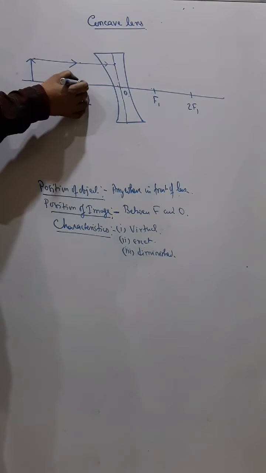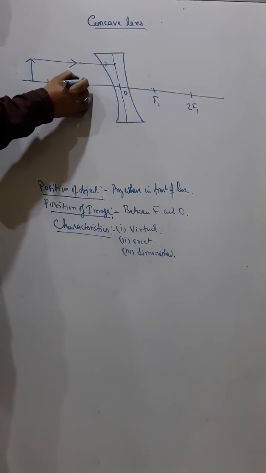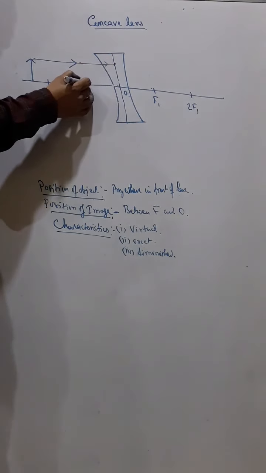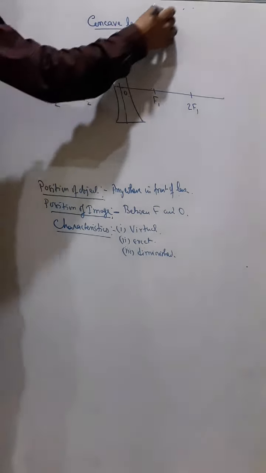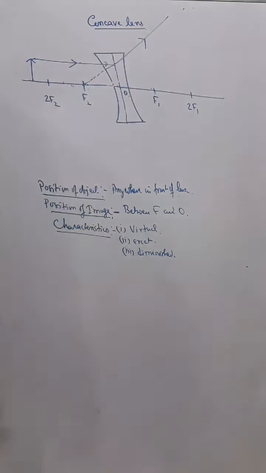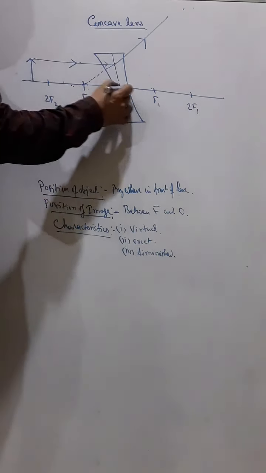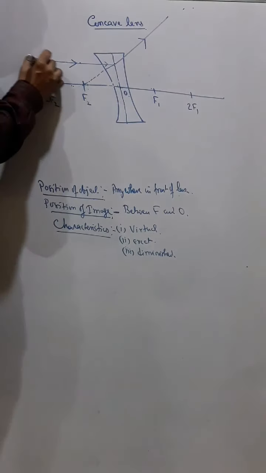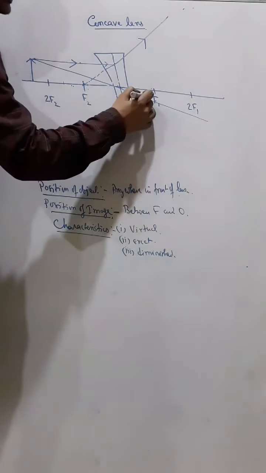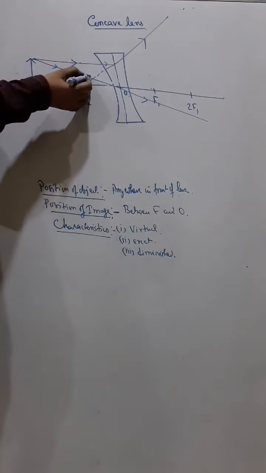So from here you draw a straight dotted line with a scale to this point, and then extend it like this. Understand? And the second ray passes directly through optical center and goes straight. Then you see where the position of the image is.